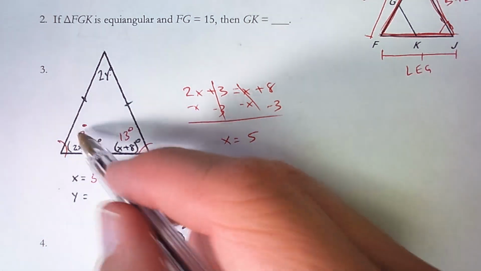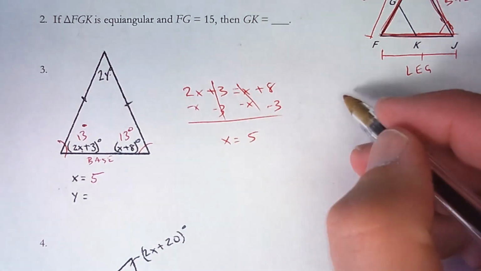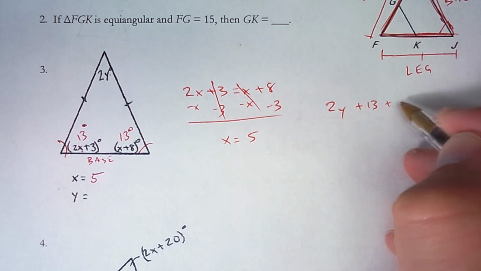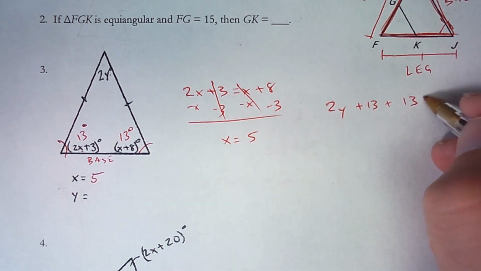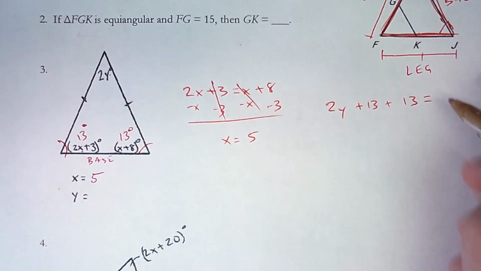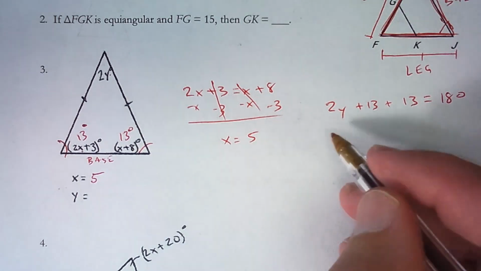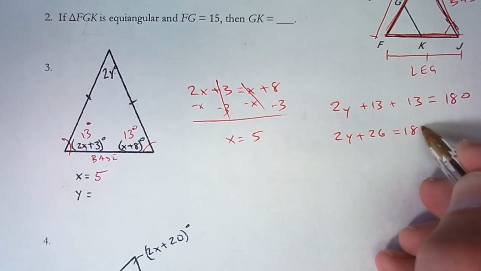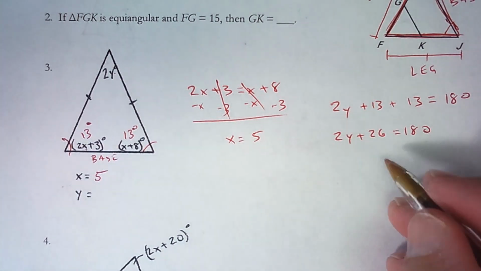And now I can add the three angles together. So I've got 2y plus 13 plus another 13. And the three angles of a triangle always add up to 180 degrees. So that's 2y plus 26 is 180.